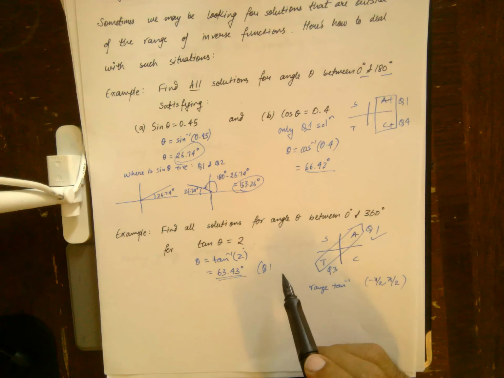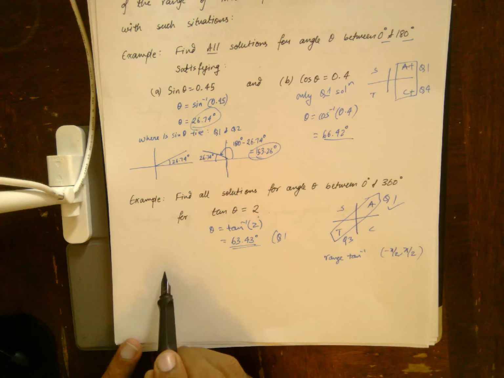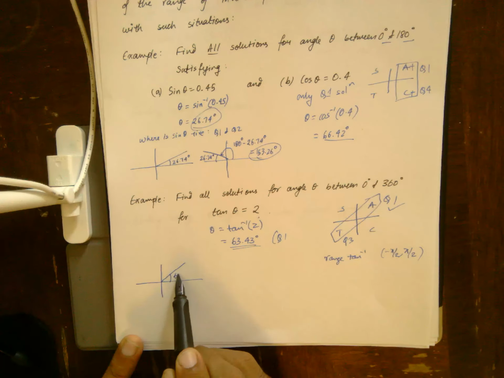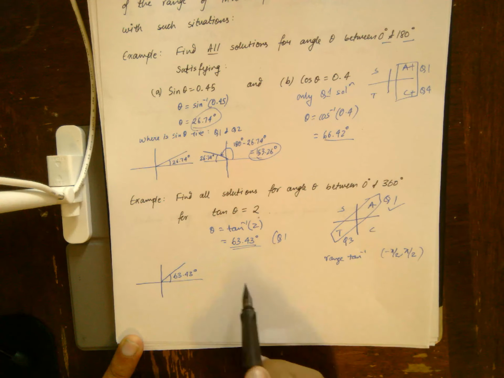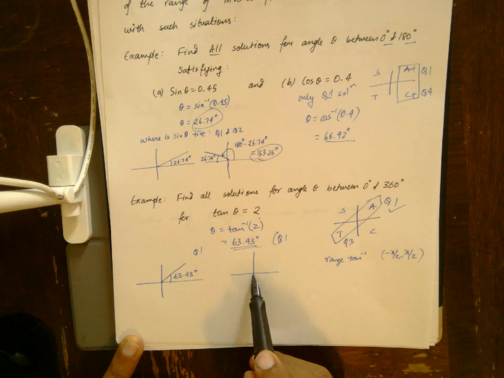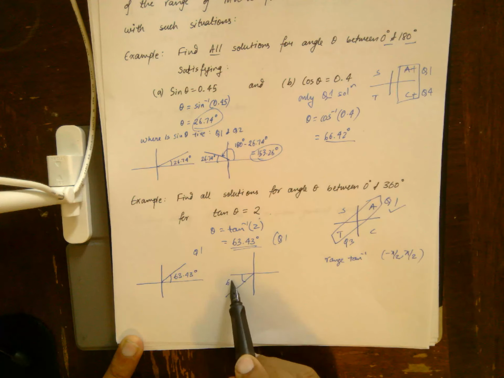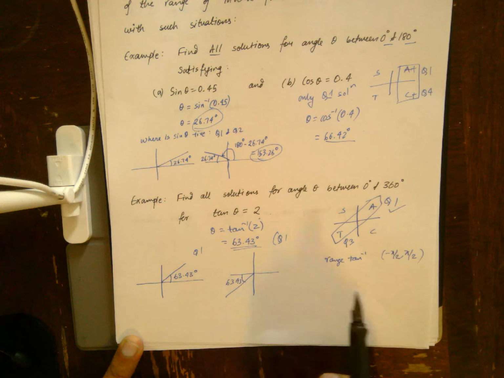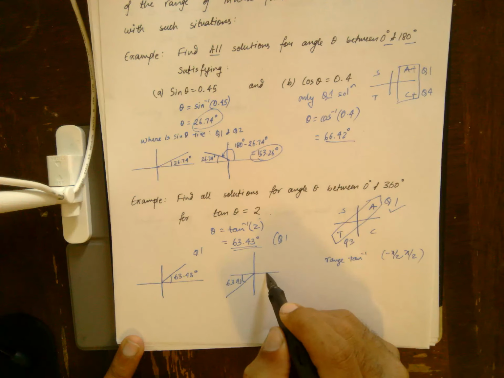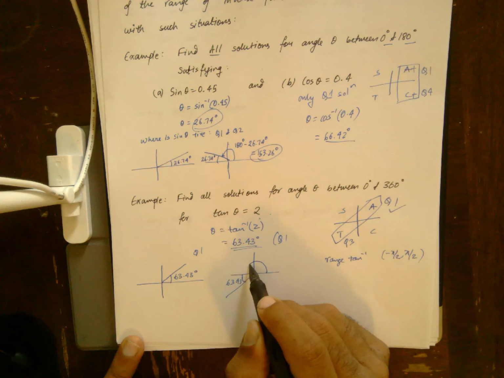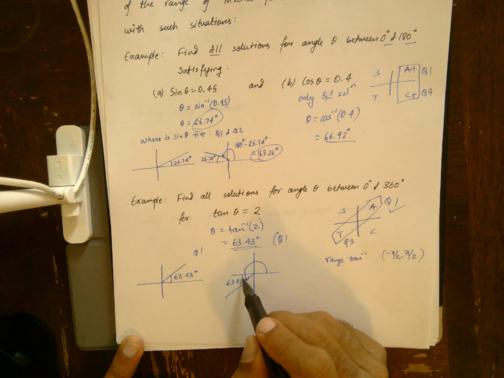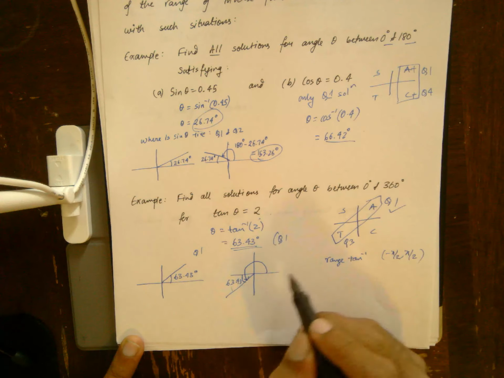The second angle I seek is in quadrant 3. So let's draw them out. Here's my quadrant 1, about 63.43 degrees. If I draw the same in quadrant 3, this is my angle, which is 63.43 degrees. But the actual angle measured is always from positive x-axis. So it's all of this. And what is that? That's just 180 plus 63.43.